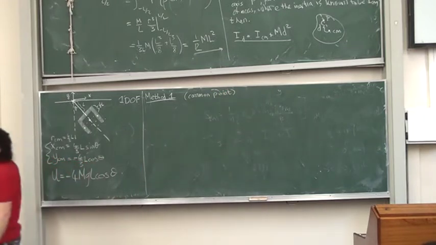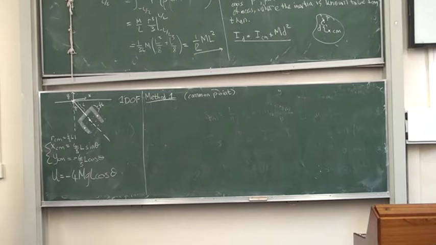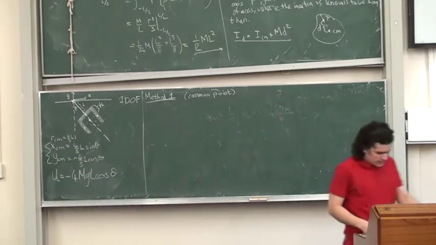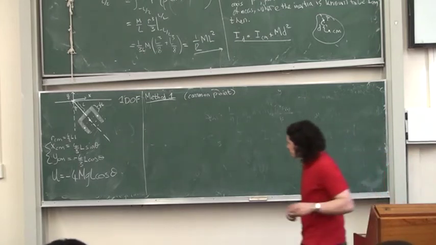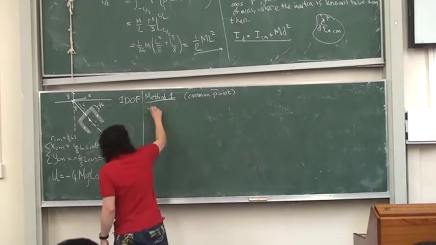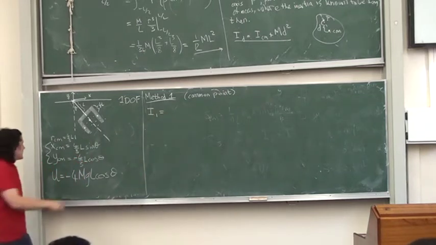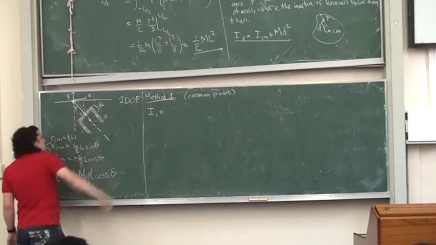So I need to get the inertia of each rod, and I'm going to use the parallel translation of axis theorem to get that inertia. I'm going to do it for the first rod. Which one? We label them 1, 2, 3.